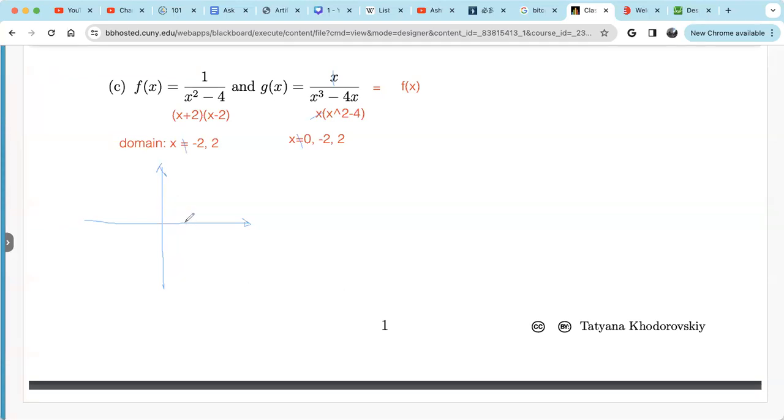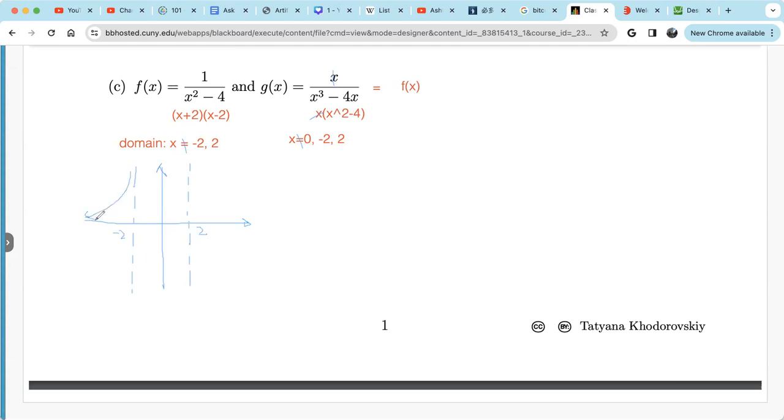So this is a 2. Let's draw the vertical asymptotes first, x equals 2 and x equals -2. So this is -2 and this is 2. Because of the reference graph of 1 over x squared, I have these two pieces.